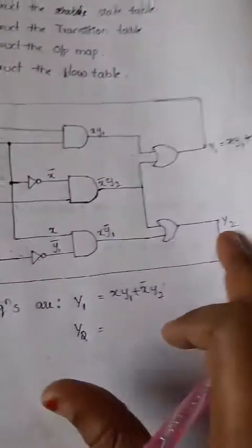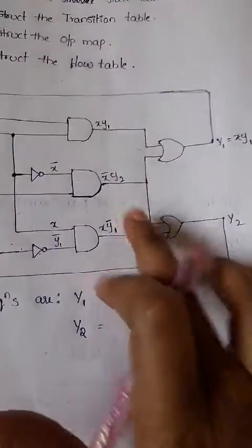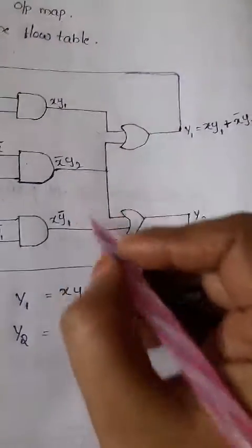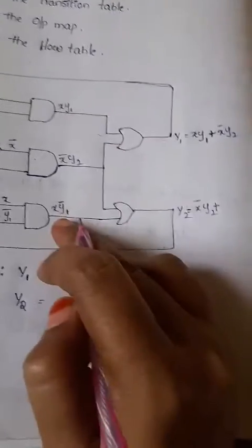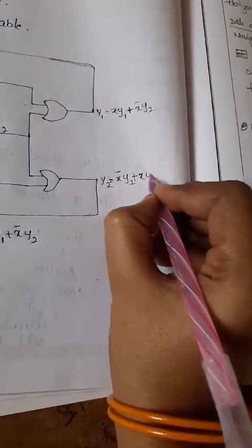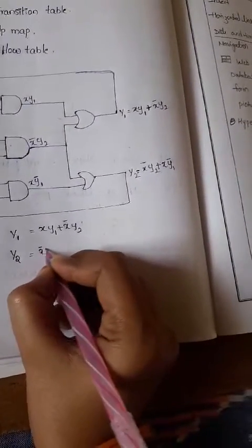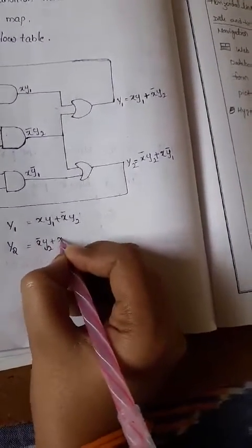Now coming to write the second equation. Y2 is the addition of two AND gate results. One is x complement y2, then the OR gate, which is addition, and the other input is x y1 complement. So the Y2 equation is x complement y2 plus x y1 complement.